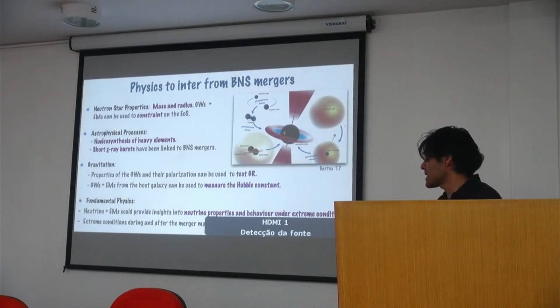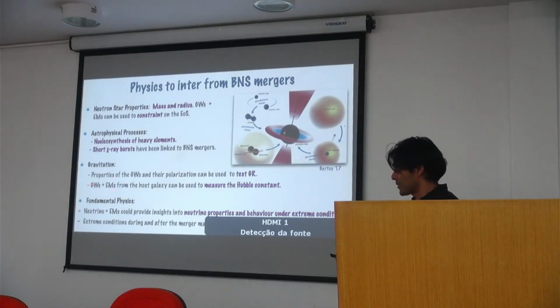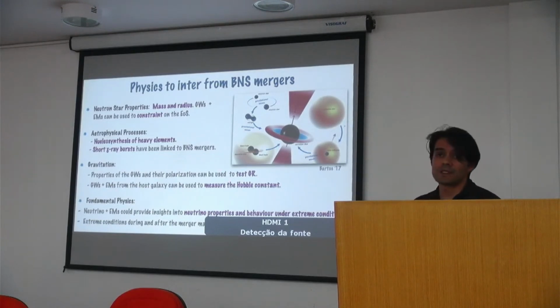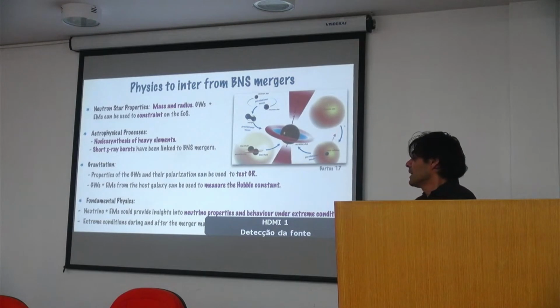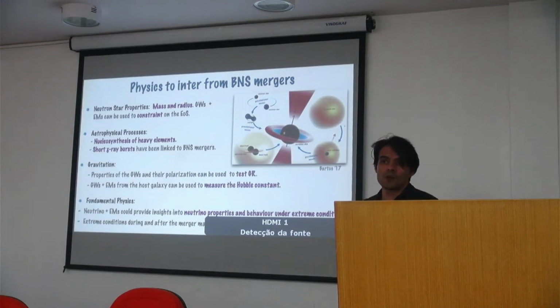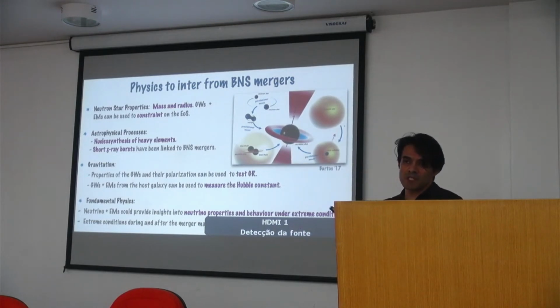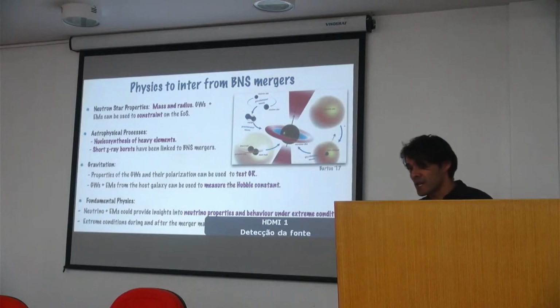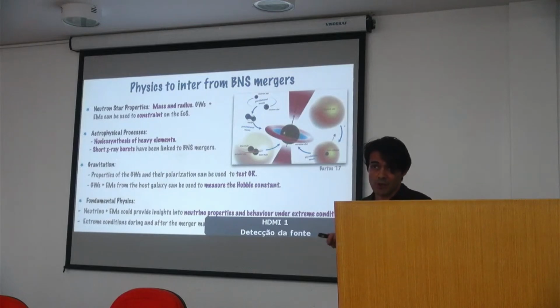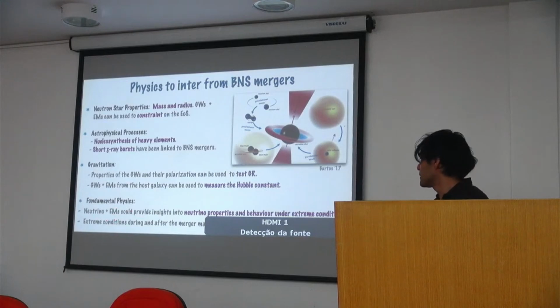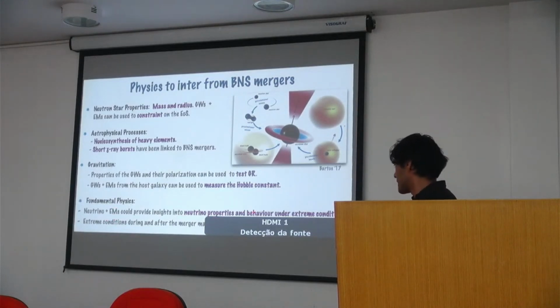Another thing is that using gravitational waves and electromagnetic signatures, you can have a completely different measure of the Hubble constant than we had before. Now, fundamental physics: because we have the merger of the Newton stars, the remnant gets really, really hot, around 50 MeV or even larger, which produces a lot of neutrinos, and then you can study the properties of neutrinos under extreme conditions.